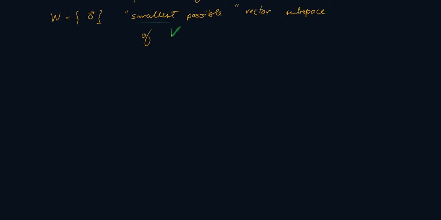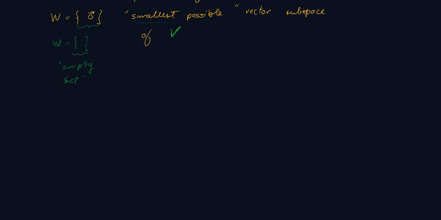Really, what I'm trying to say is it's the smallest possible vector subspace of V, in the sense that you can't have a vector subspace that has nothing, right? You can't say W is the empty set, because this is actually the empty set.